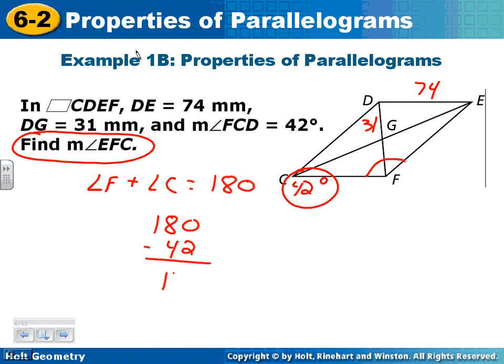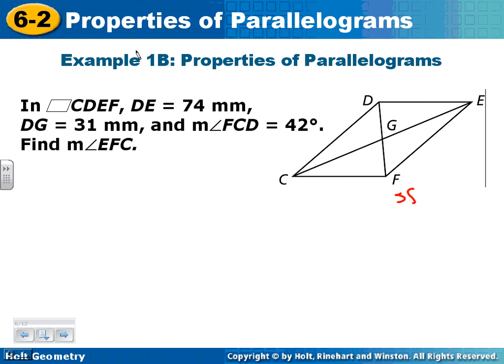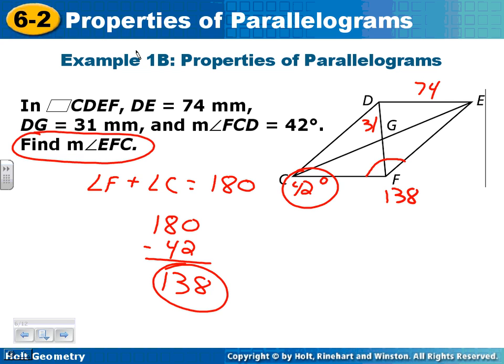And that would be 138. So angle F would be 138. Now, let me teach you something else here, or remind you of something. That means that angle D is 138. But angle E over here would be 42.